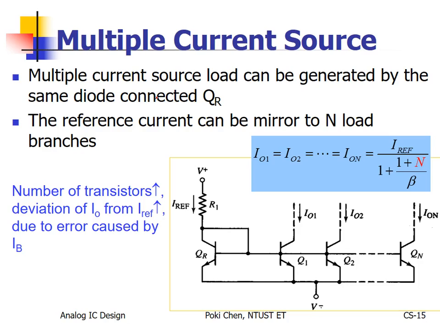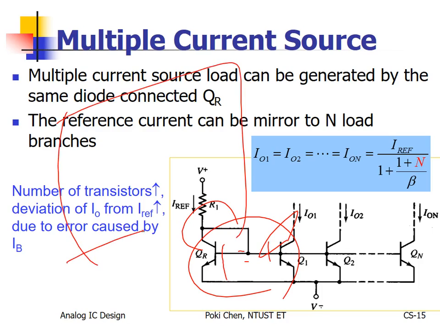It is so inefficient because from the first page until now, we only talk about one-to-one. One input, one output. It doesn't make any sense, because for our own chip, we have a lot of blocks. And for each block, for each sub-circuit, you need to bias them, right? And again, on chip with bias current instead of bias voltage.